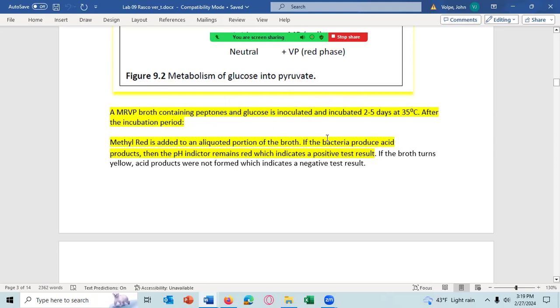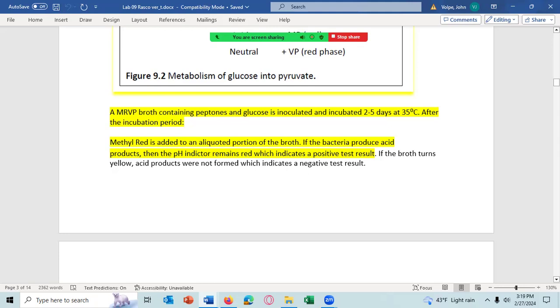All right, so for the MR test, you just divide the tube into two. One portion you use for the MR test. All you do is you add methyl red to the broth. Methyl red is a dye and a pH indicator. If the pH indicator remains red, then acid products are made, and so we say the test is positive.